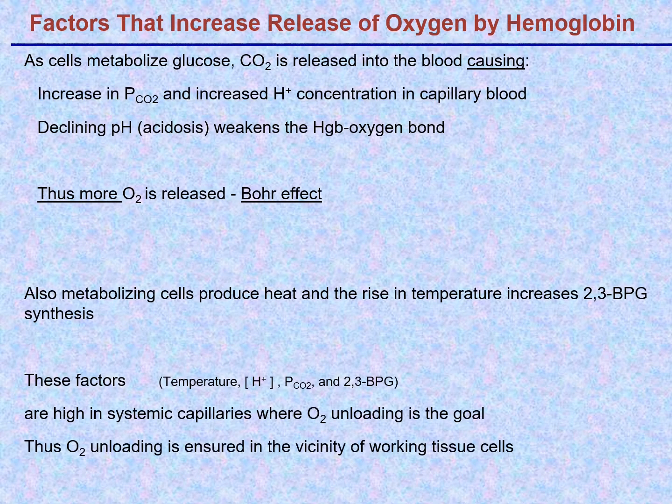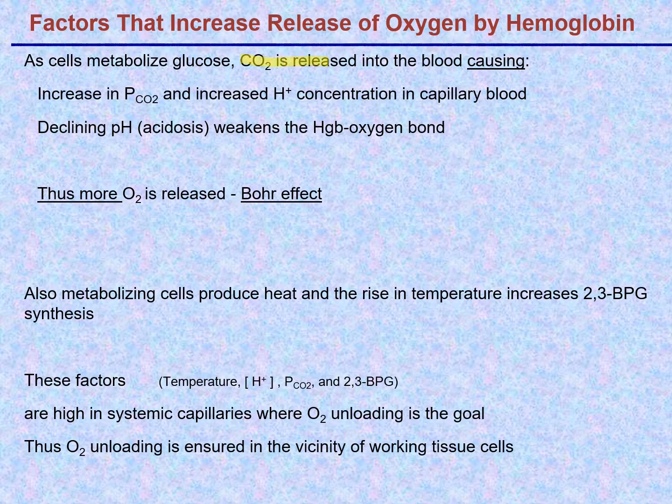And just to talk about it a little bit more, these factors, temperature, PCO2, hydrogen ion concentration, and BPG: your cells that are metabolically more active will be metabolizing more glucose in order to generate energy. And as they metabolize glucose, in a process called oxidation of glucose, more CO2 gets released.